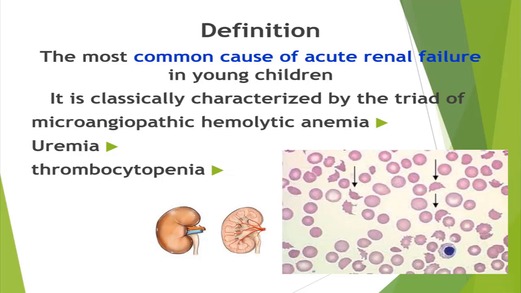And I put the kidney so that we remember the next important thing, which is the uremia or renal failure found in this disease. So the patient will have hemolytic anemia, uremia from its name, and a decrease in platelet count, thrombocytopenia, and we will see how.